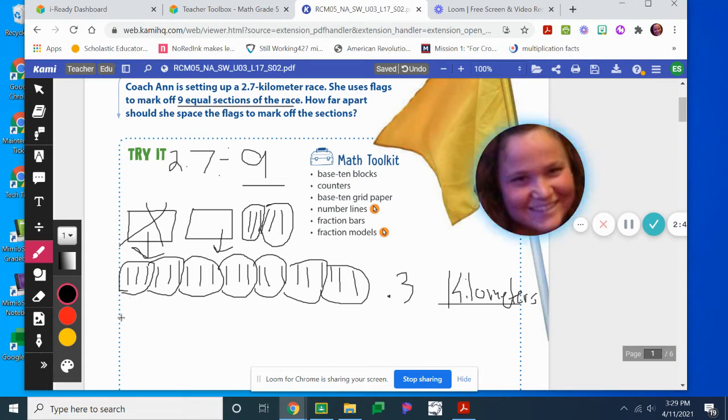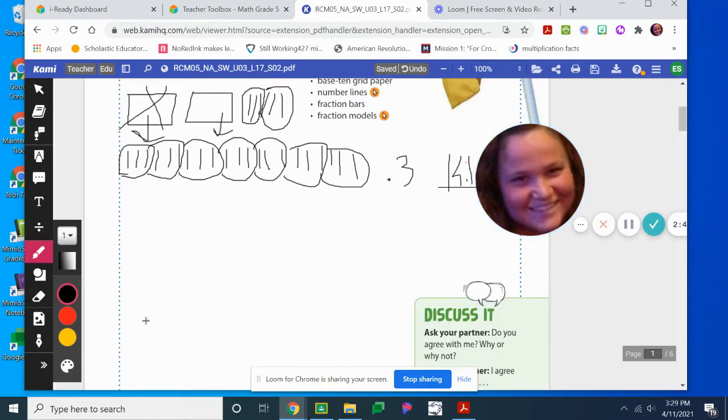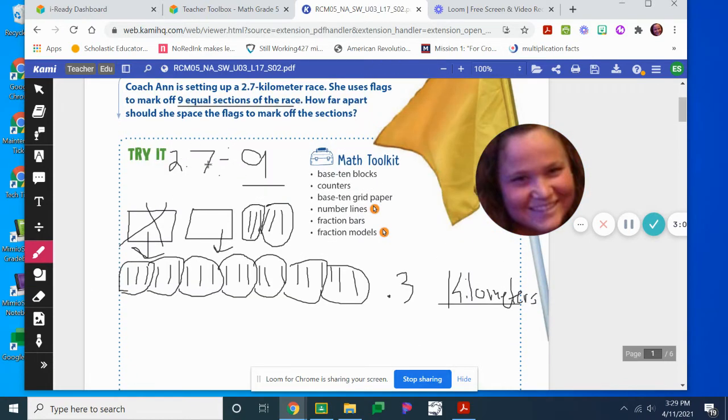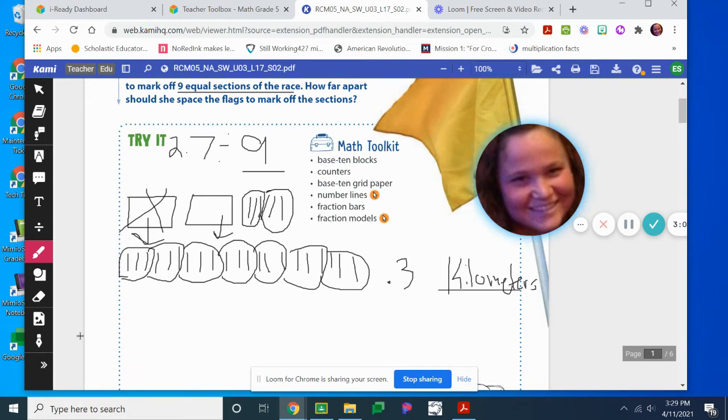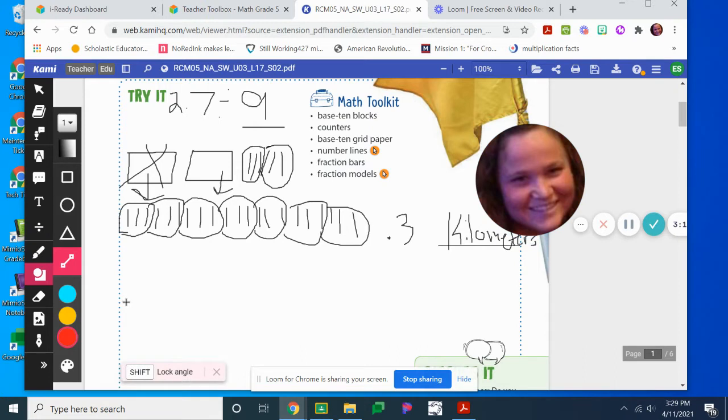All right, so another way that I could do this is if I were to do groups of, let's say, a fraction model. So I've got 27 and I'm making groups of 9. So if I have, let's see, what's the best way to draw this?